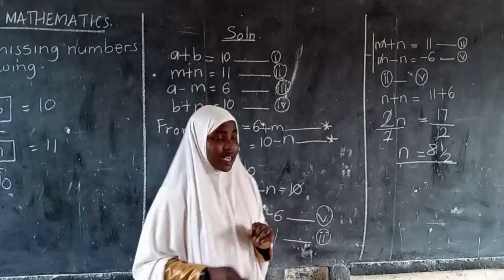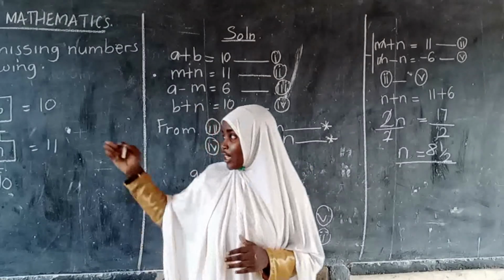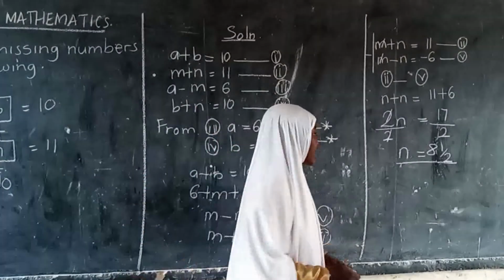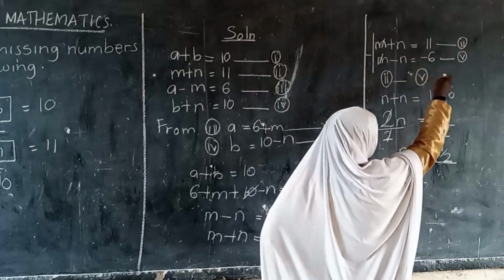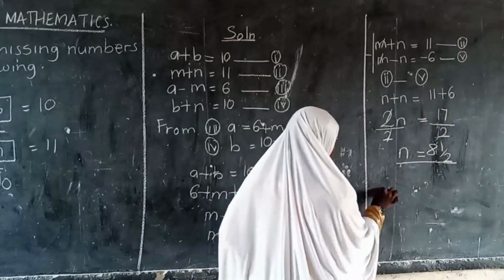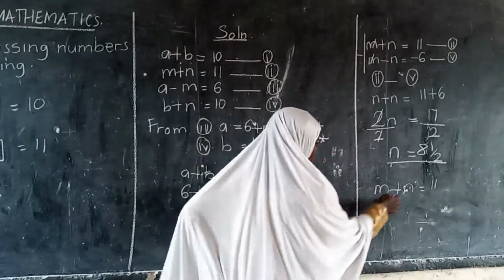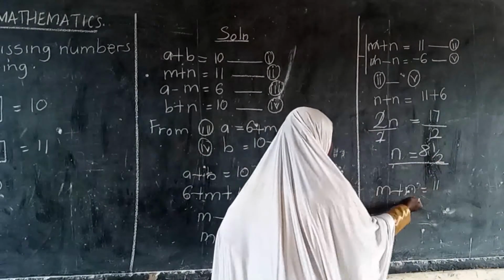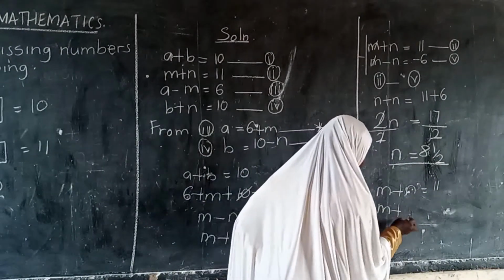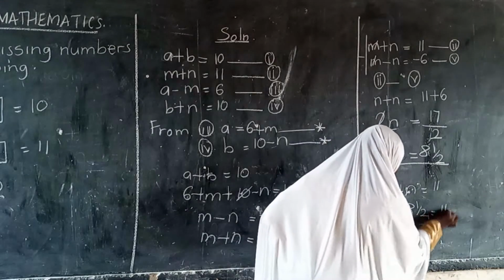Let us see. We are now substituting the value of N where possible so that we can get the answers. We can substitute in equation number 5 or number 2. It is M plus N is equal to 11. Our N here is 8.5. So we shall substitute the value of N here. It is M plus 8.5 is equal to 11.